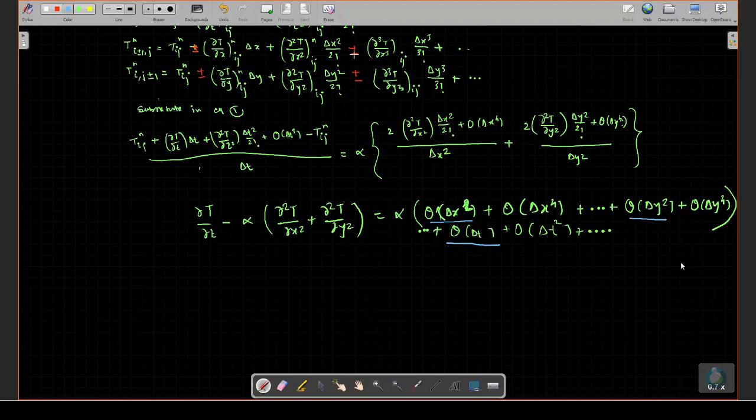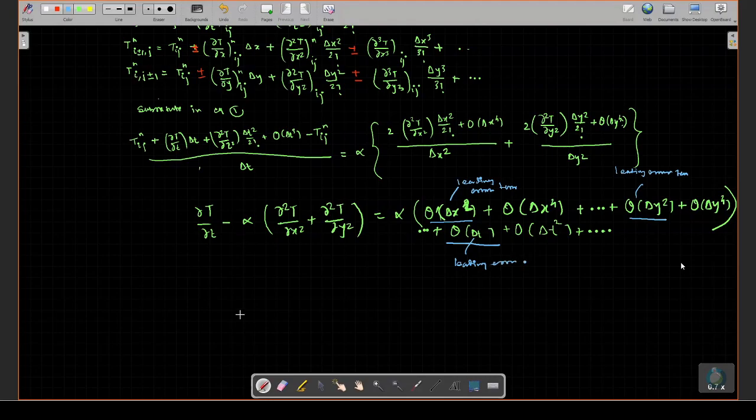Okay, what are the left terms are higher order; I mean the leading error term. This is the leading error term in x, this is the leading error term in y, and this is the leading error term in t, leading error term in time.